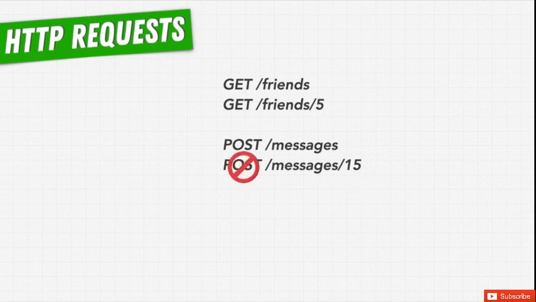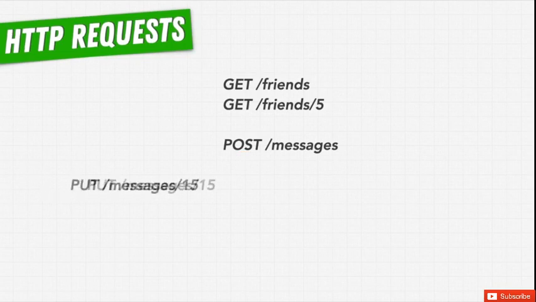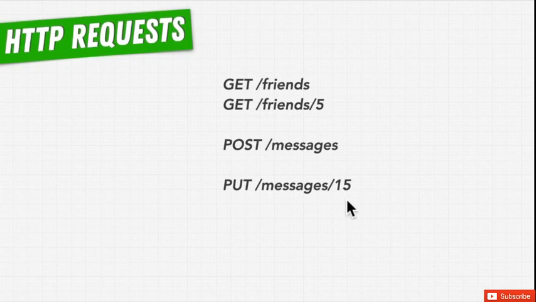But it is possible for us to want to update a specific message, to change some text, or add a photo. And so for that, we would use a put request, which allows us to replace the message that we specify with the message that we pass in through that request in what's called the body of that request.